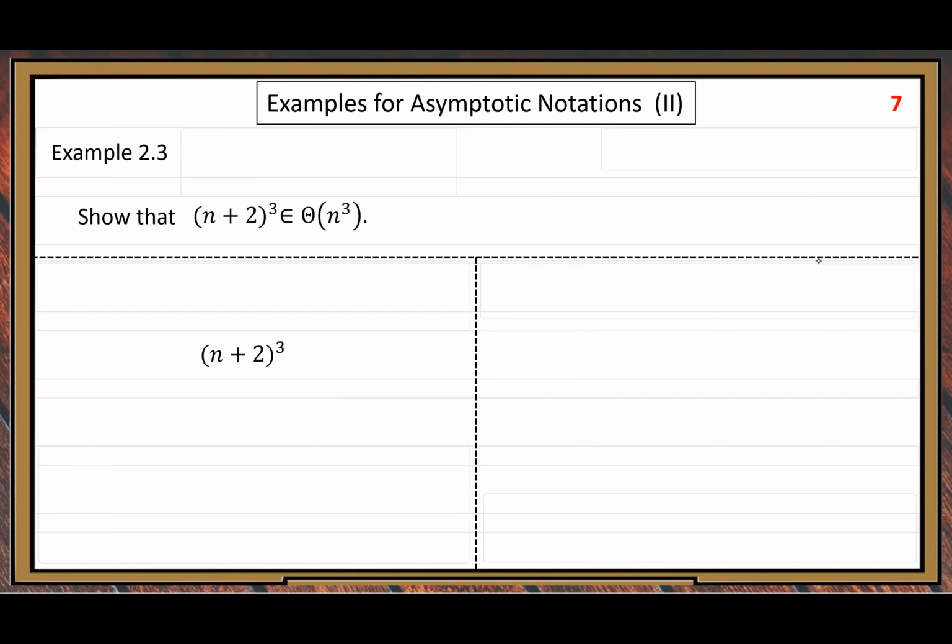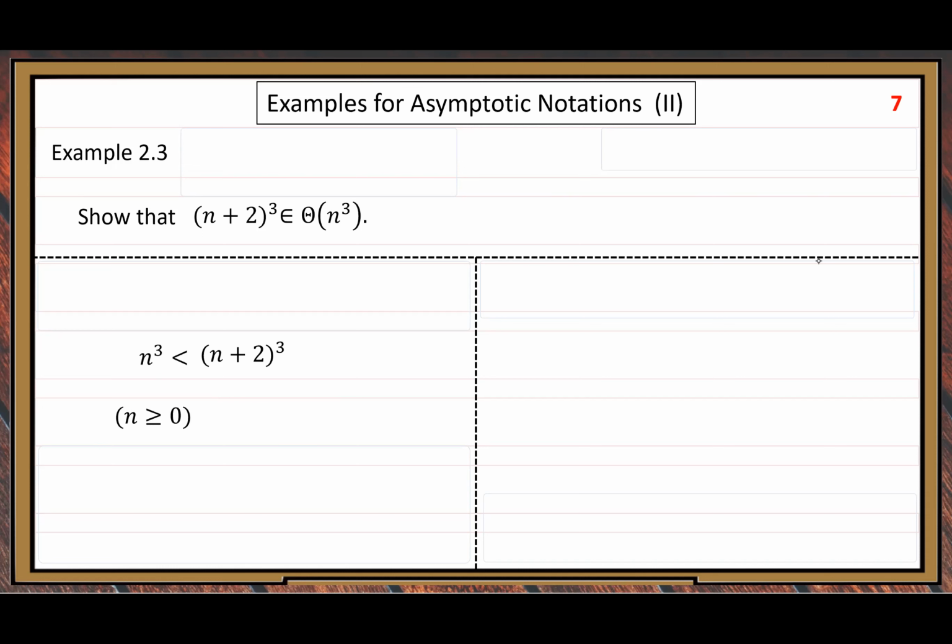Tell me, constant C multiple of n cubed, what C should we use here? Same as before, right? n cubed, C is 1. So the lower bound is simple, and also n greater or equal to 0.